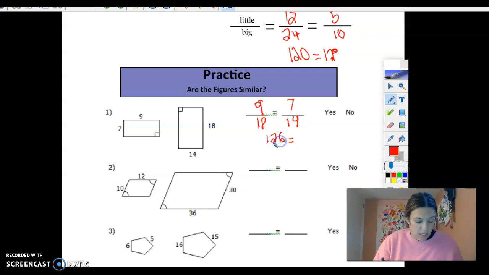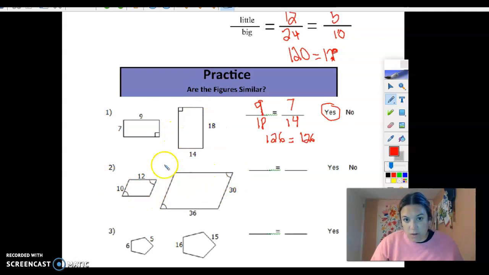And is 7 times 18, 126 also. So because I cross multiplied the corresponding sides and they were equal to each other, these two figures are similar to each other. That also means their corresponding angles are congruent.